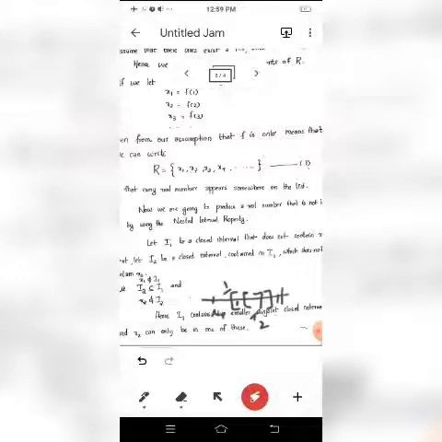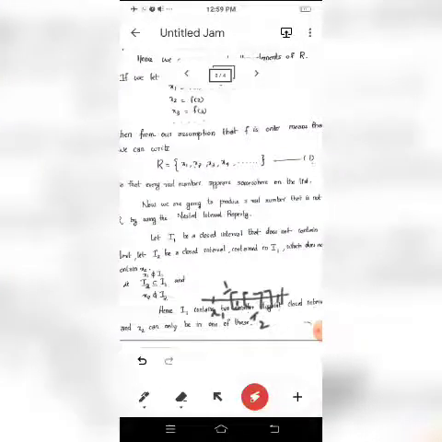Hence I1 contains two smaller disjoint closed intervals, and x2 can only be in one of these. So I1 is a closed interval that does not contain x1, and I2 is a closed interval contained in I1 that does not contain x2. I1 contains two smaller disjoint closed intervals, and x2 can be in only one of these two disjoint closed intervals.